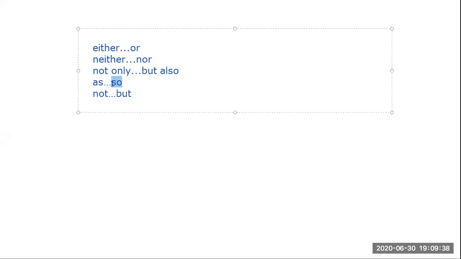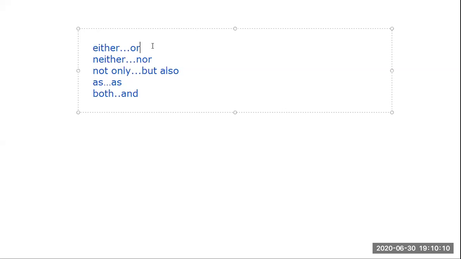So I'll talk about these different correlative conjunctions.